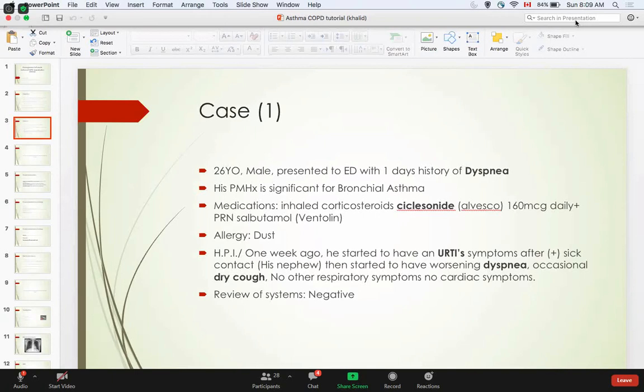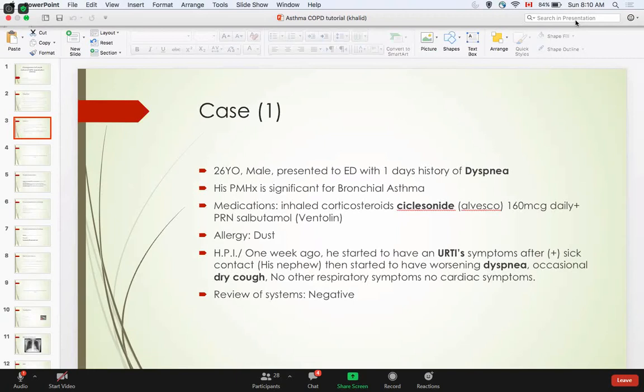His history of present illness is as follows. 1 week ago, he started to have upper respiratory tract infection symptoms. That means something like rhinorrhea, sore throat, nasal congestion, all considered upper respiratory tract infection symptoms.